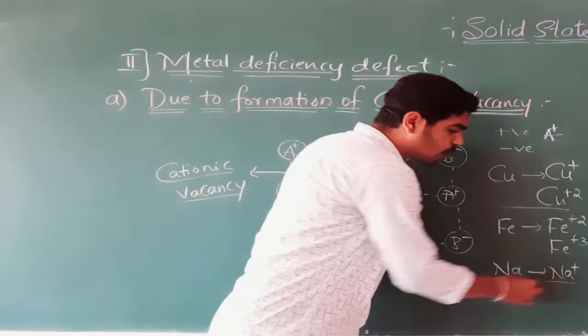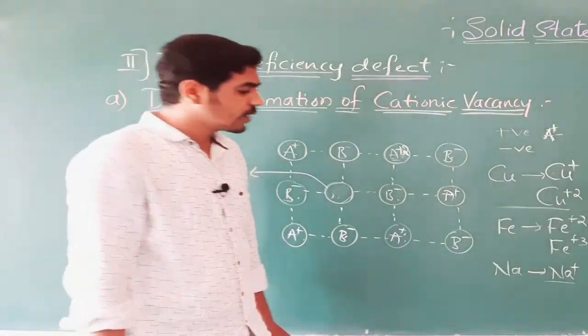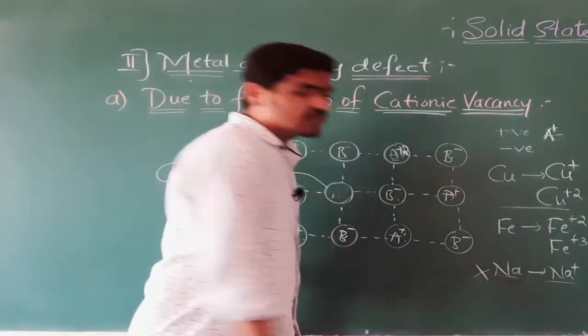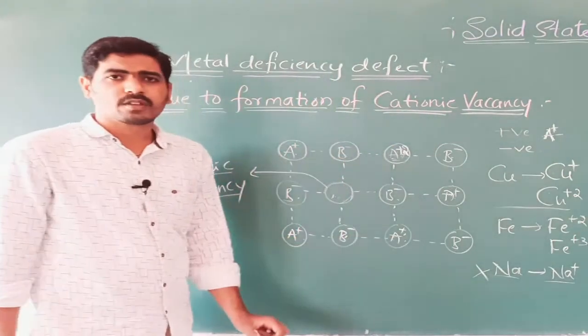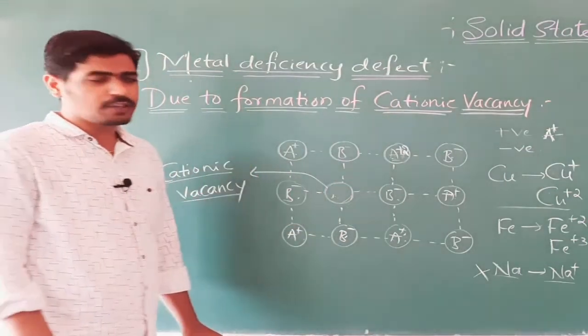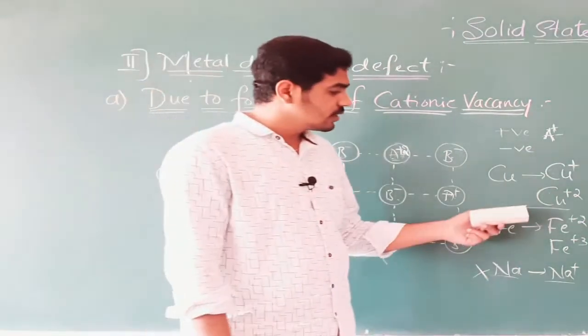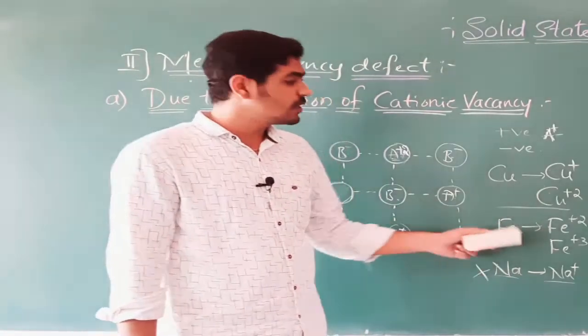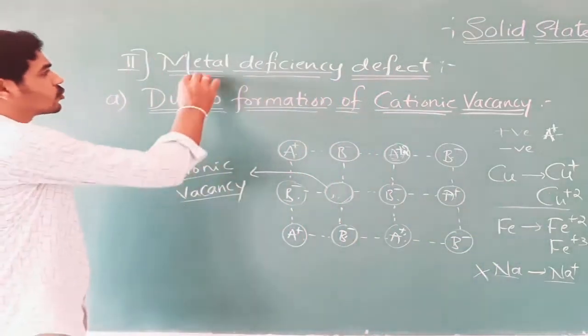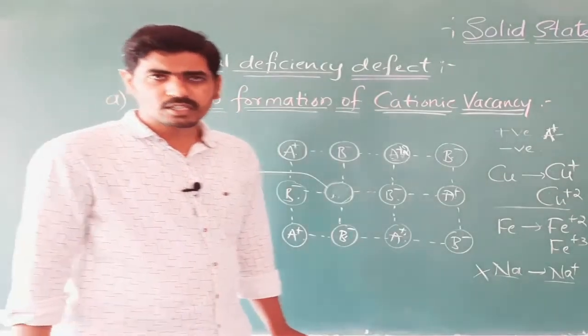No. Only one oxidation state can be shown by sodium, and hence this sodium will not show the metal deficiency defect. Okay, and such metal ions which show variable oxidation state can only show the metal deficiency defect.